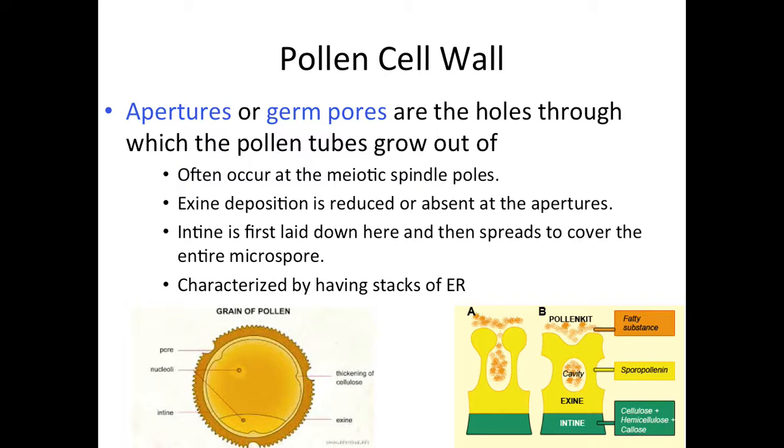The intine, the inner layer of the pollen cell wall, begins its deposition at the apertures. And then after it's deposited at the aperture, it begins to spread and cover the entire microspore.